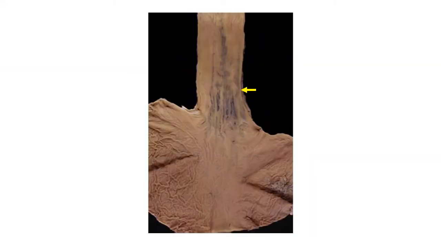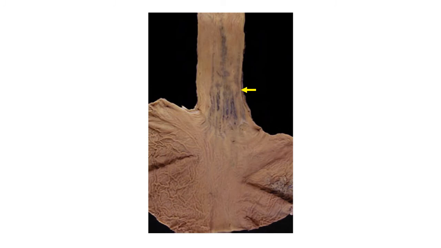The varices are only present in the lower third of the esophagus because this lower third of the esophagus is linked with the portal system through the gastric system.